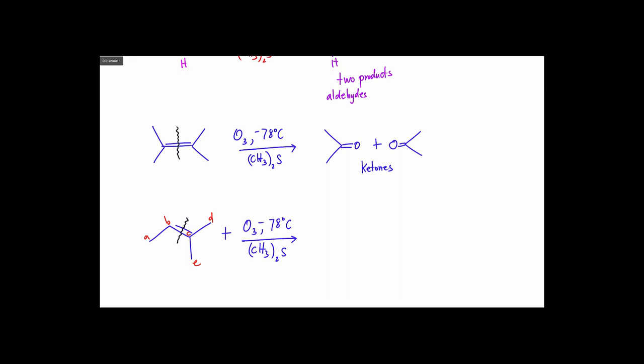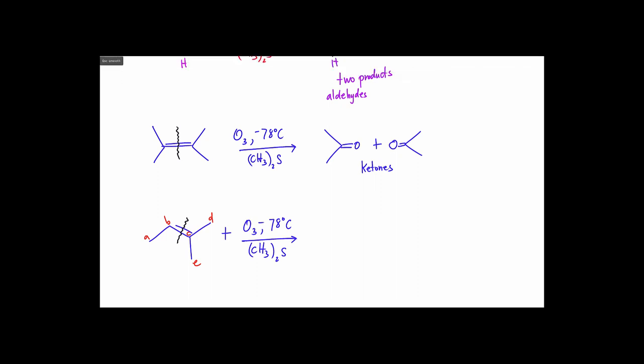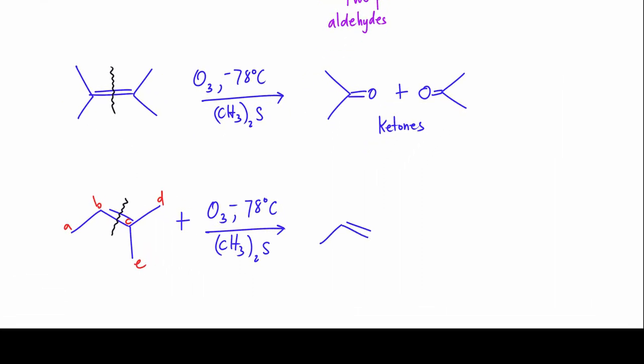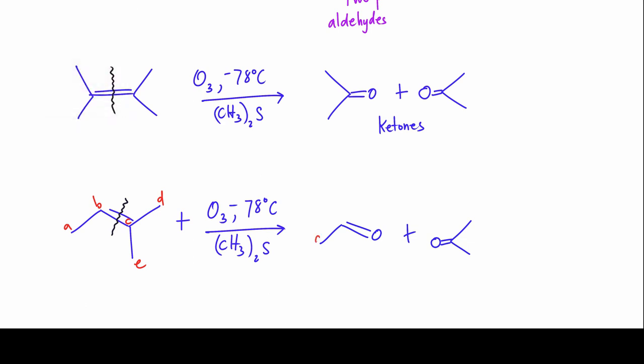So this will give us our product, this O plus this O. And let's look at what A, B, C, and D is. This is A, B, and this is D, C, and E.